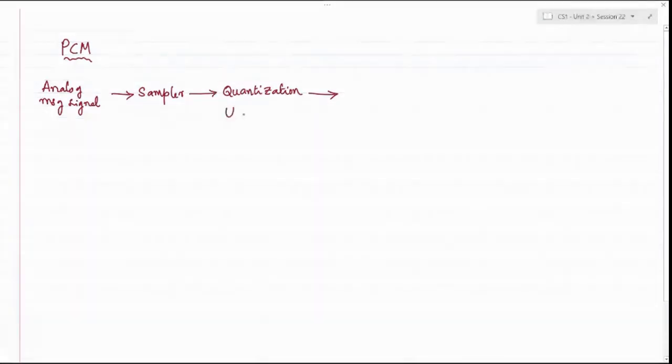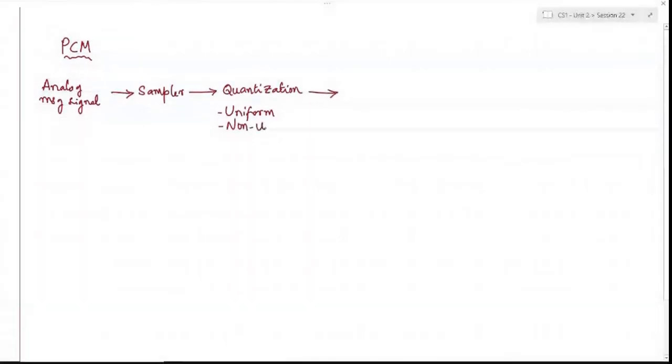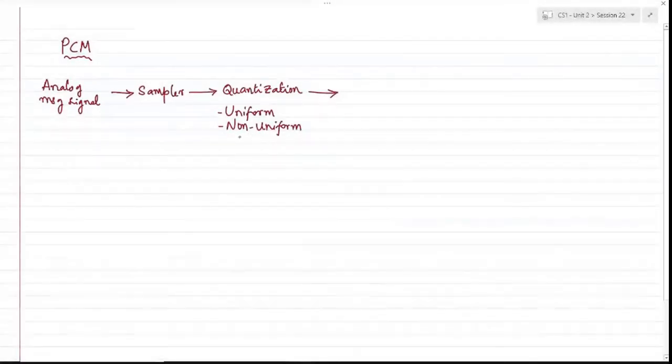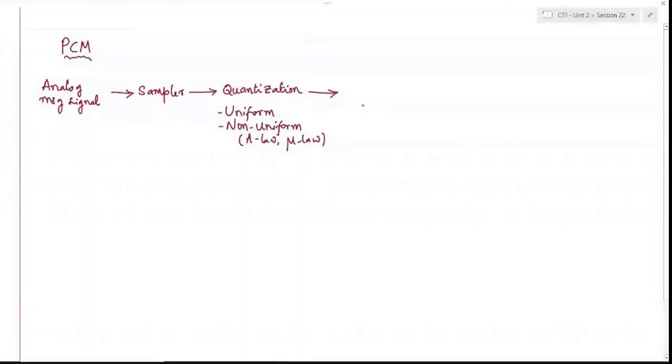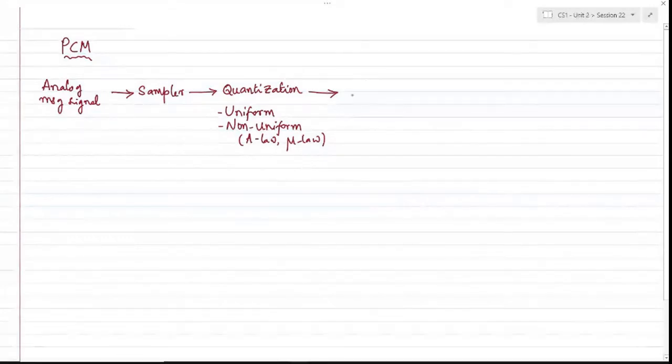So to be very specific, we looked at uniform and non-uniform. In non-uniform, I talked about A law and mu law in the last session on the quantization process.